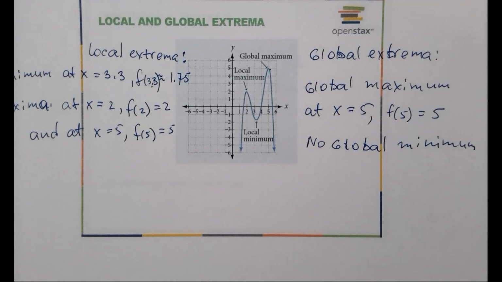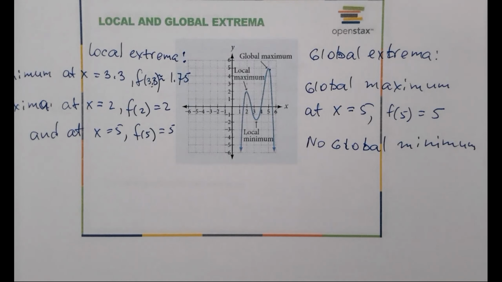Now, why is it important? Why are we talking about it right now? Well, in a lot of application problems, you will be looking to maximize your function. Let's say maximizing the profit function, or maximizing the volume, or maximizing the area. In all of these applications, we're looking for a global maximum. So that's why these are very relevant.